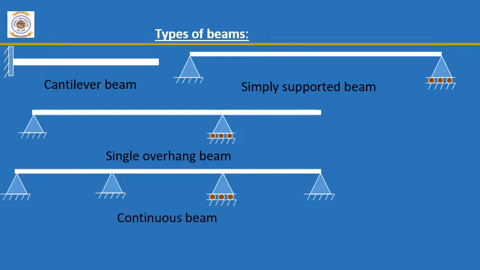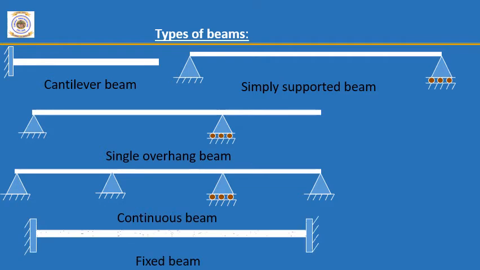Next one, continuous beam. In a continuous beam, the beam is supported with more than two supports. Next, fixed beam. Here both the ends of the beam are fixed, therefore we call it a fixed beam.